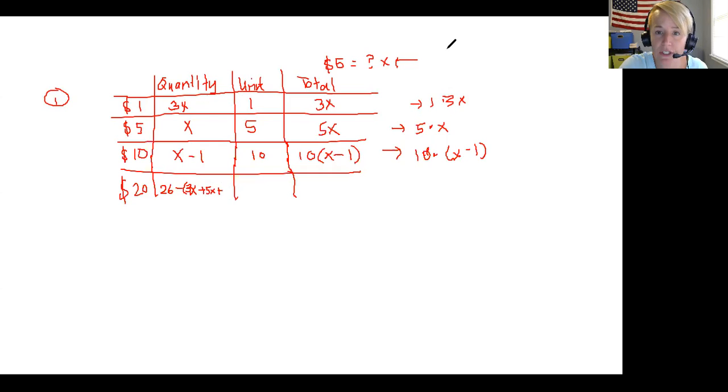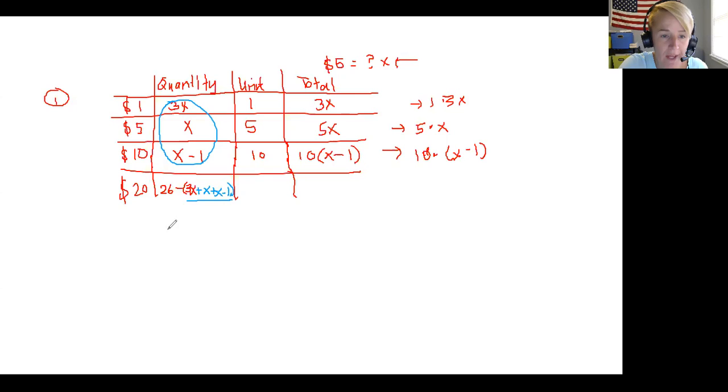Let me not confuse myself. I'm looking at this column right here. This is my quantity. So I'm going to subtract off 3x plus x minus 1.